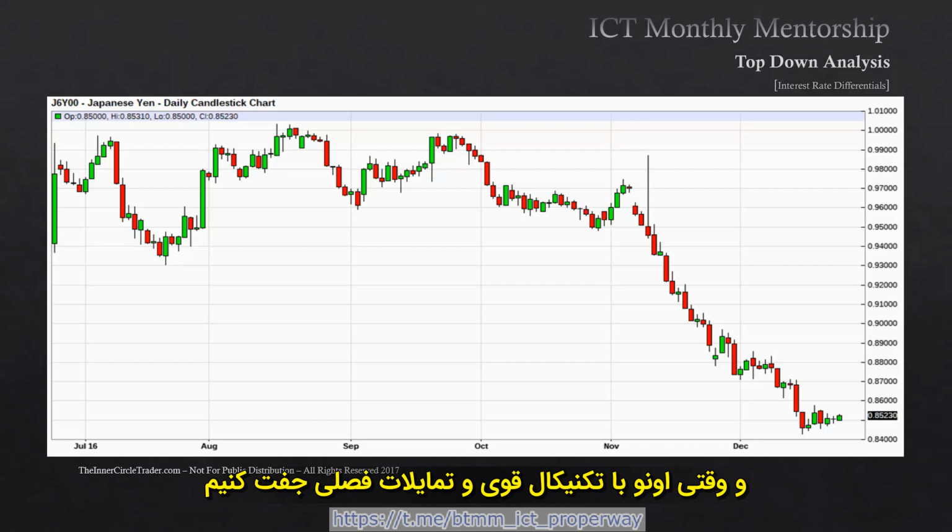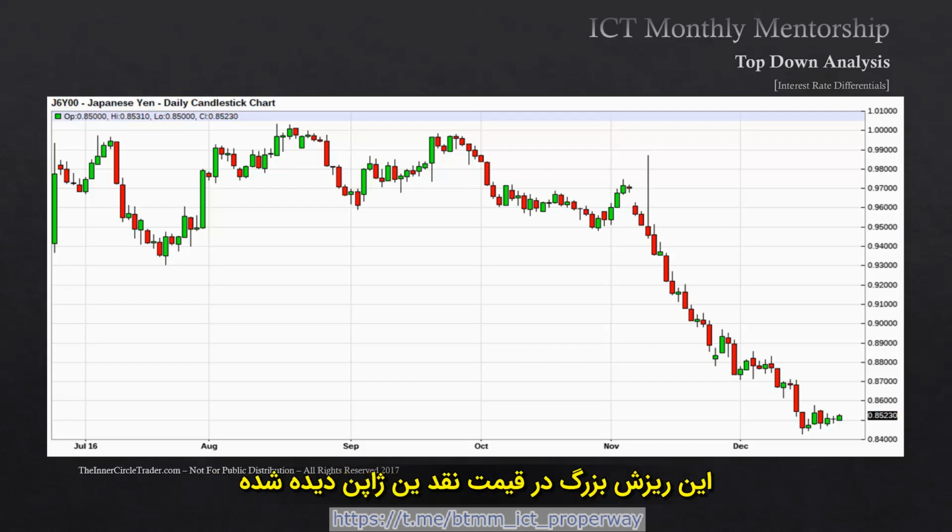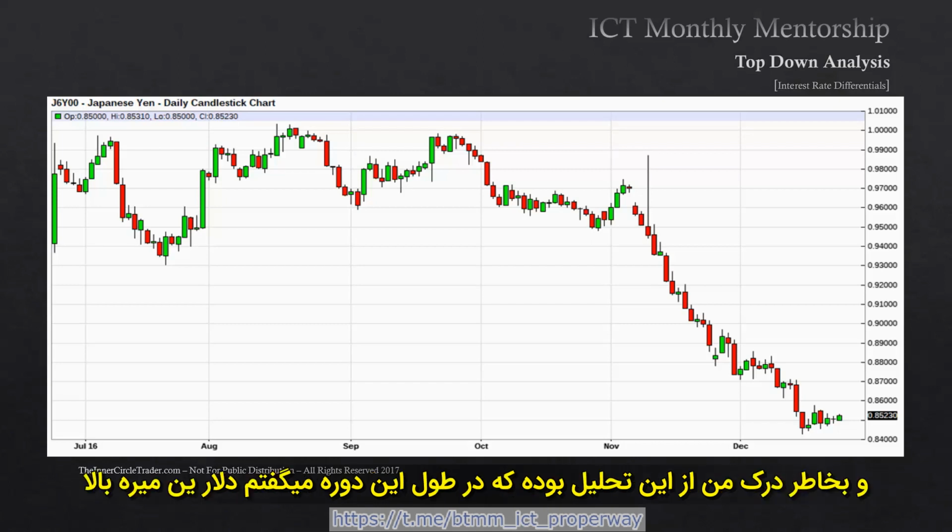And by having that coupled with strong technicals, seasonal tendency, and understanding that the market was expected to have high volatility because of the election, this massive decline seen in the cash price of Japanese yen is also explained by my analysis, as we were going through the mentorship, of why I was calling the dollar yen higher.